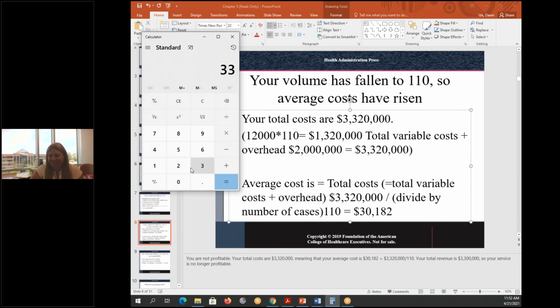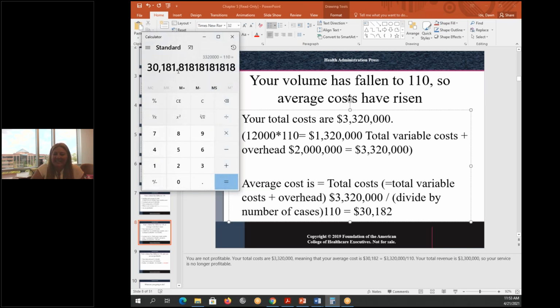All right, so let's do that just for fun and kicks here. $3,320,000 divided by 110, which is our amount of cases, our volume, because it fell, equals 30,181.81 repeating. So here's how we got 30,182, and I'm sure you all remember this, but just for our fun-filled Wednesday.